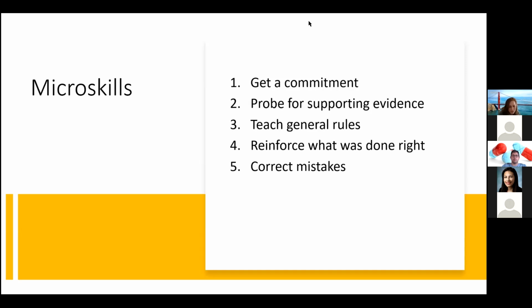Teach general rules based on what they saw. The preceptor can offer a simple but really targeted pearl for the future, something specific. Reinforce what was done right, so provide some specific examples of good things. And then doing that corrective, modifying feedback as the last step.